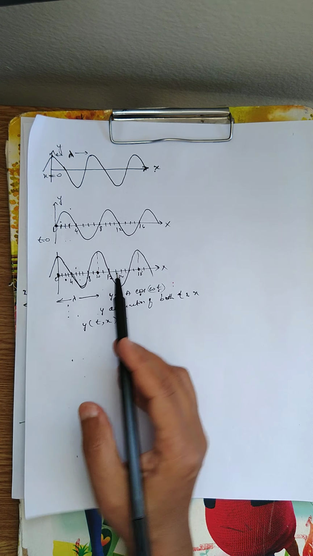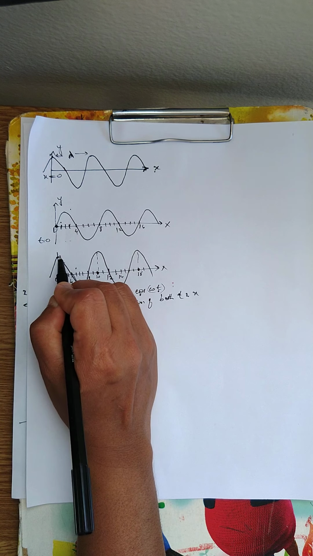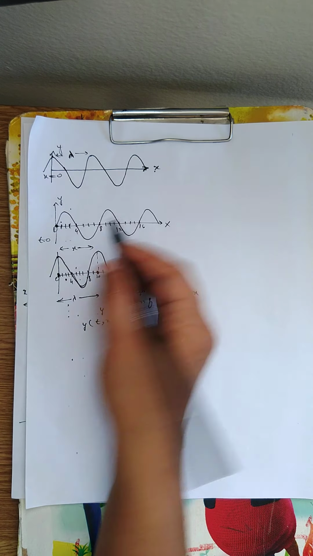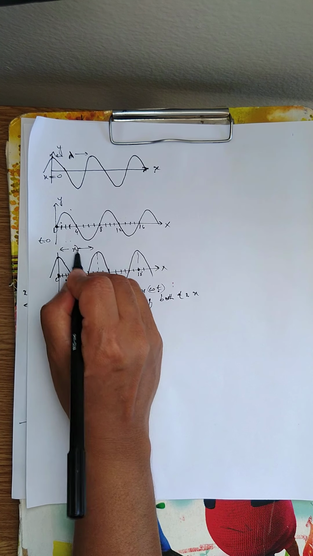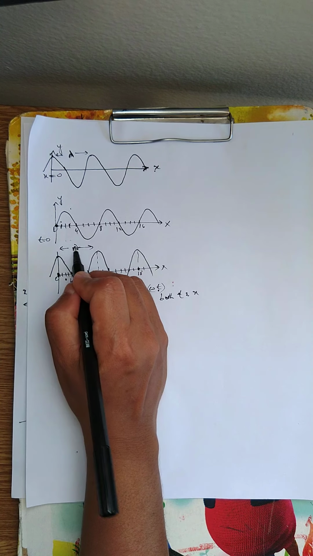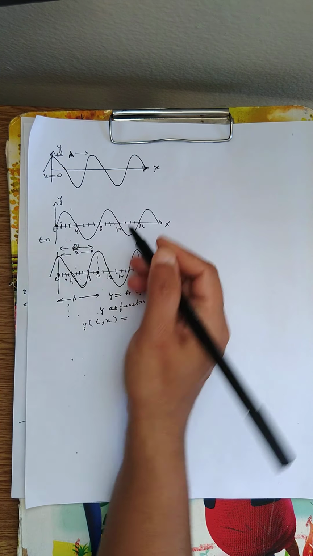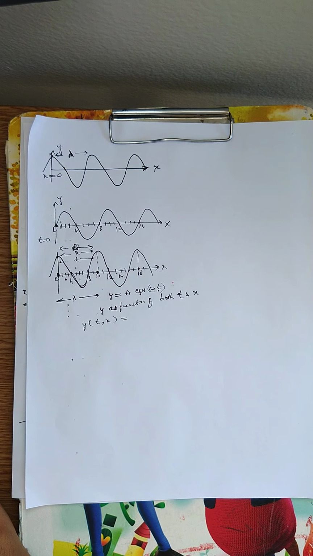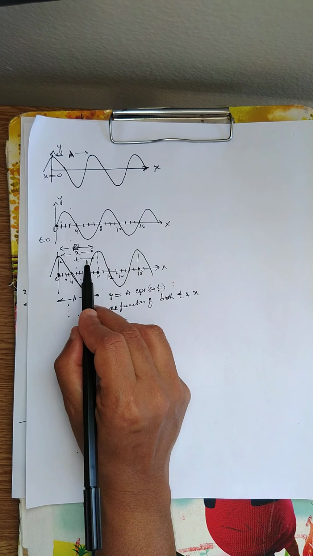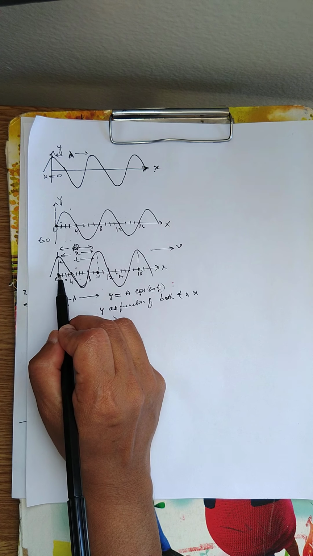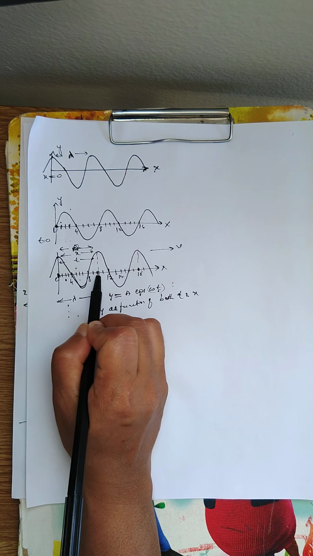How much time earlier? Suppose the distance between these is x in general. For this it is lambda, right? But generally, if you take any point, suppose I take x in general, how much time has it taken? Suppose it has taken a time t. Now, since the velocity of the wave is v, how much time has it taken for a pulse to come from here to here?